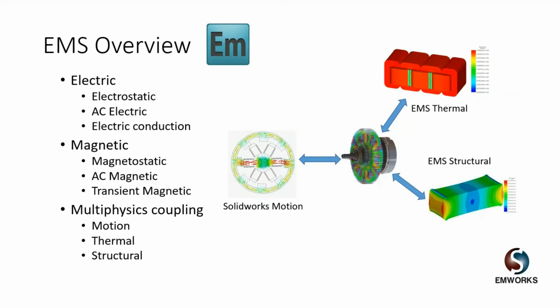Some of the parts that form the solenoid could be deflected due to the electromagnetic force, stressing this part. So if you are after this deflection result, if you want to make sure that everything remains aligned properly, then EMS structural would come in handy.